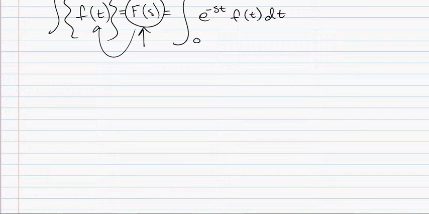So the Laplace transform F of s is defined for piecewise continuous functions that are of exponential order. So functions like e to the t, sine of t, cosine of t, plain old t, t squared, these are of exponential order.